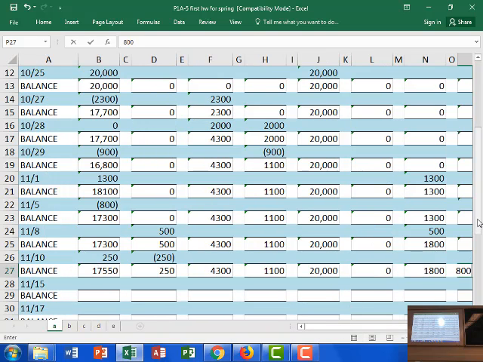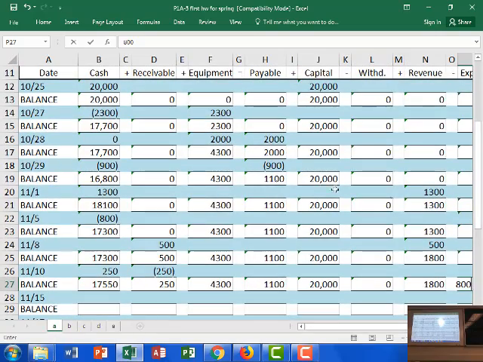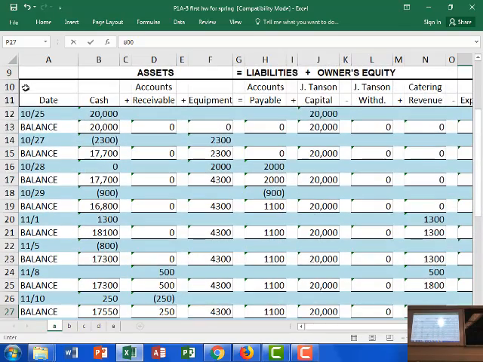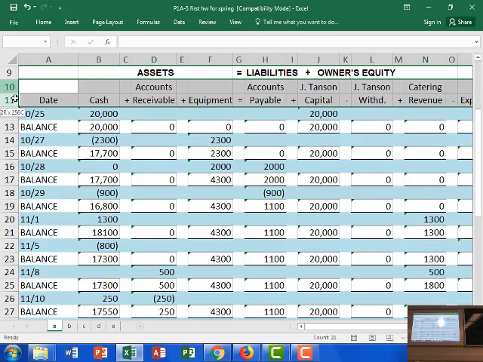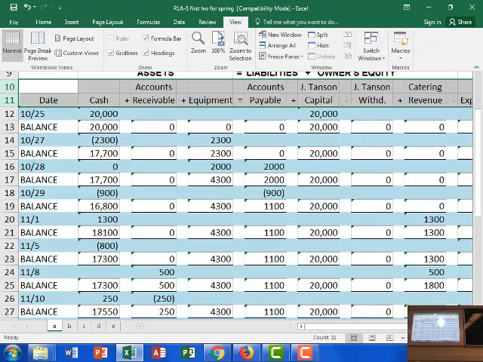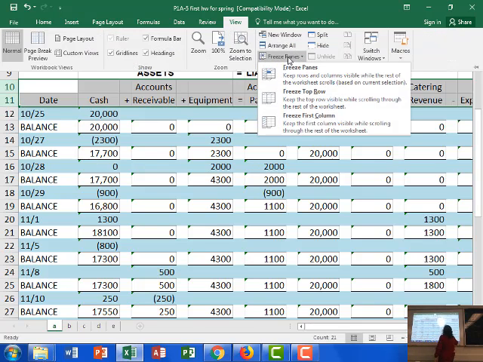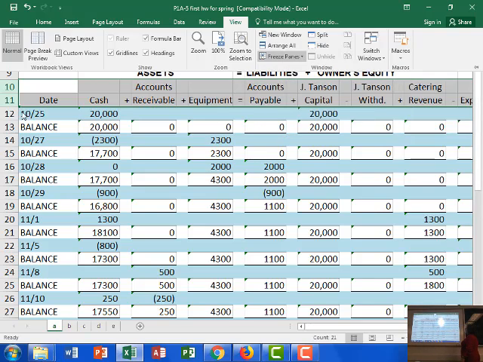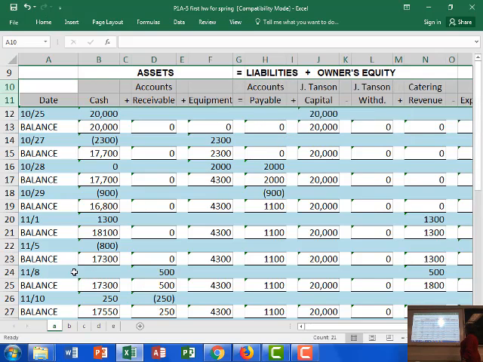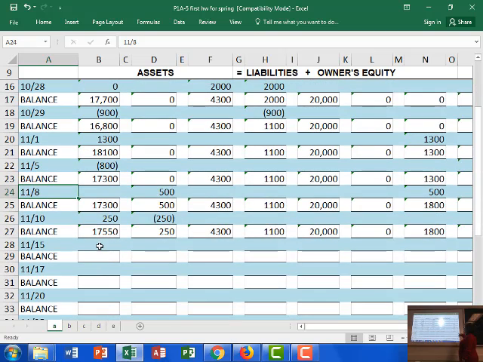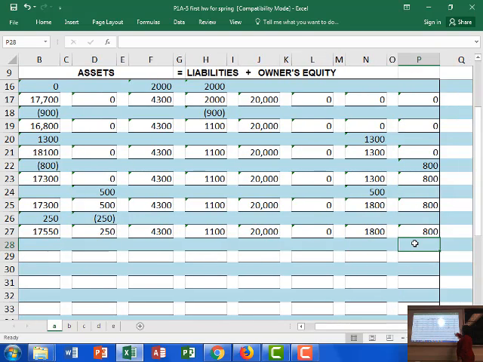Now, on November the 15th, it says that he paid the telephone bill. What two accounts? Expenses and cash. Correct. So we're going to debit our expenses first. For how much?